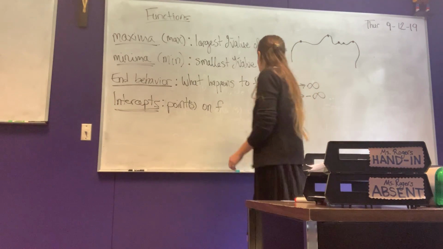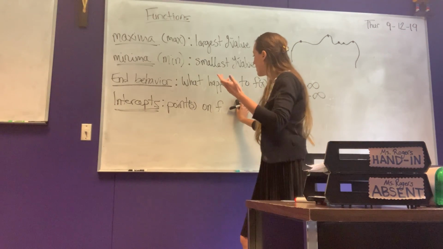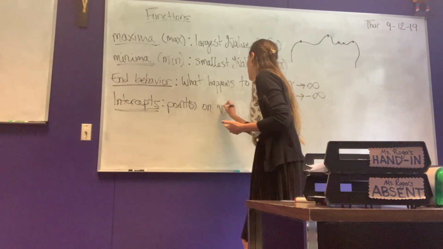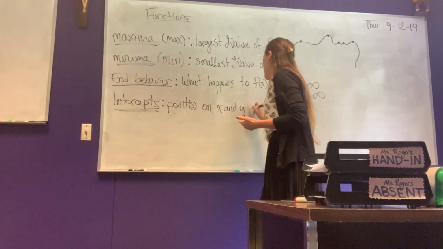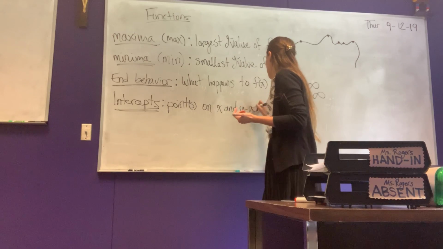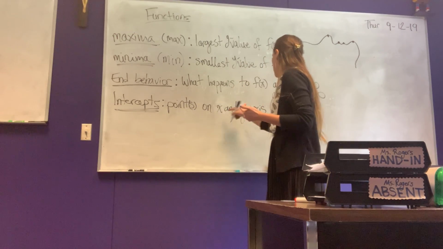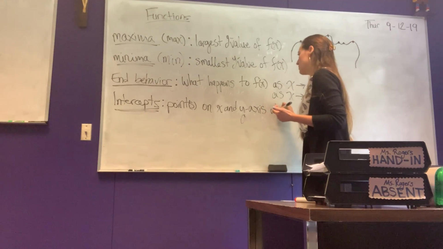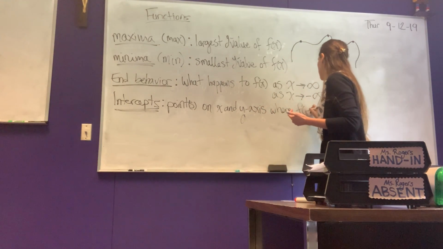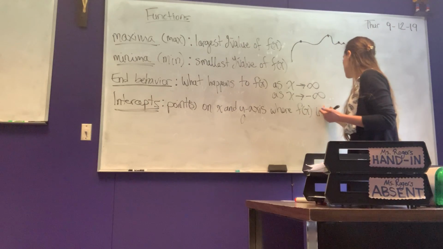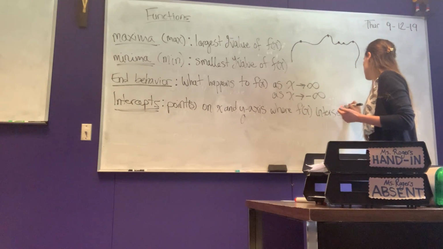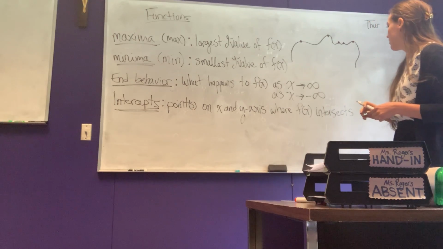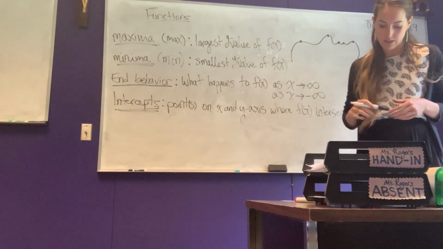Where the function. Sorry. Points on x and y axes, or the intercepts, right? X and y axes where the function intersects it. Points on x and y axes where the function intersects it, or f of x intersects.